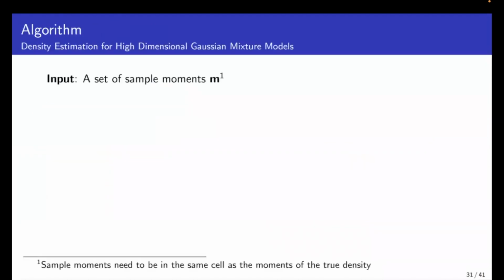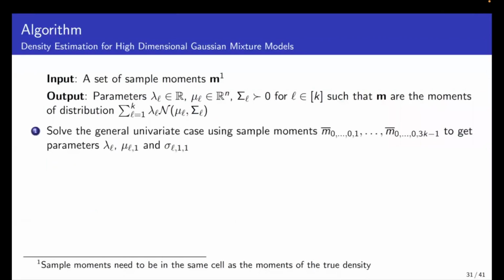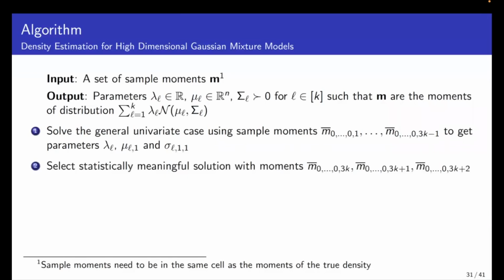Let me give an overview of what this algorithm looks like. I input a set of sample moments, and I output parameters corresponding to those sample moments. Step one, you solve the general univariate case to get the mixing coefficients, the means, and the variances of one dimension. We then select the statistically meaningful solution closest to the next sample moment.